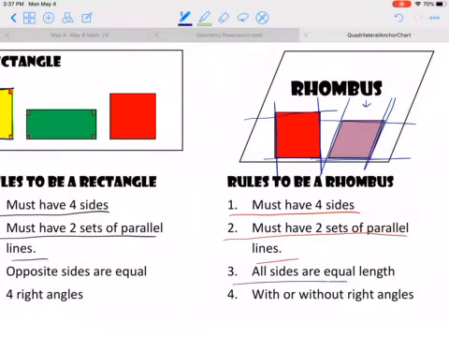All sides are equal in length. And a rhombus can, but doesn't have to have right angles. Like this, the red one does have right angles here. They're perfect boxes in the corners. But this one does not. They're curved. Does not fit. Some are bigger, some are smaller, but they all have sides that are of equal length.